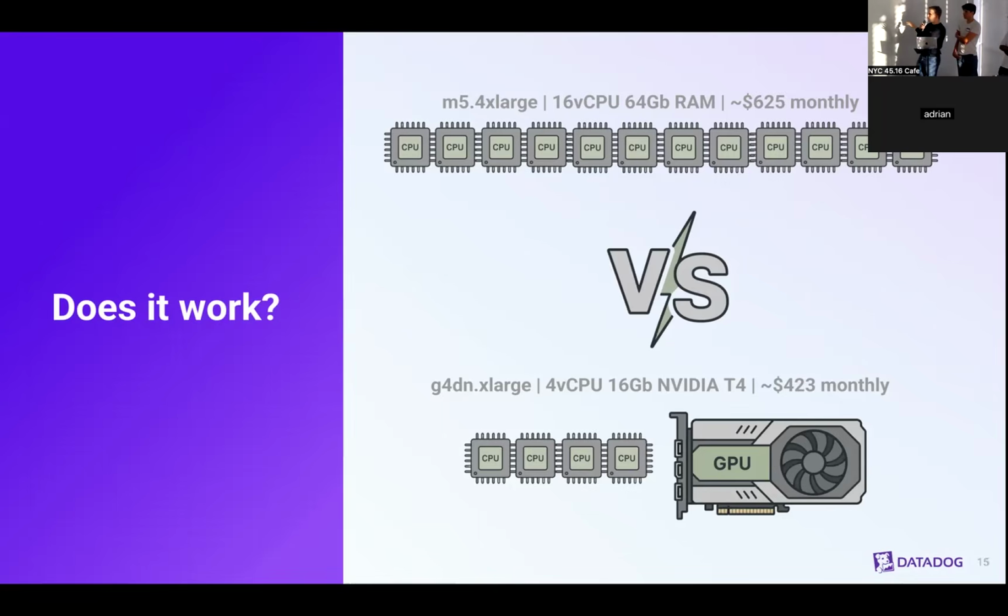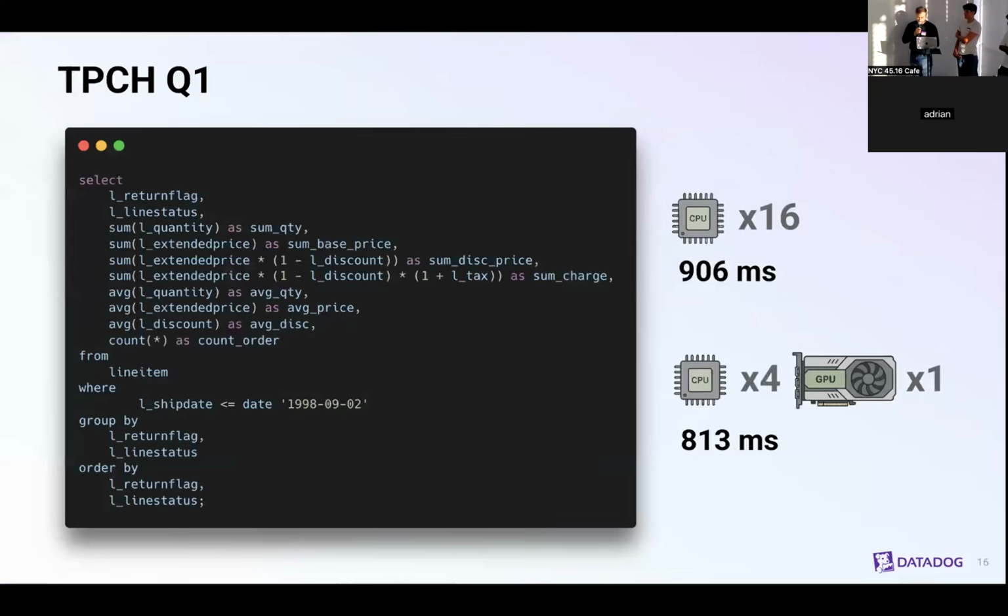You see that the price, actually, the GPU machine, because of having less RAM and fewer CPUs, is a bit cheaper. And these are the results of running TPC-H query 1. You will see that even with the lack of CPUs, the one that has the GPU was slightly faster.